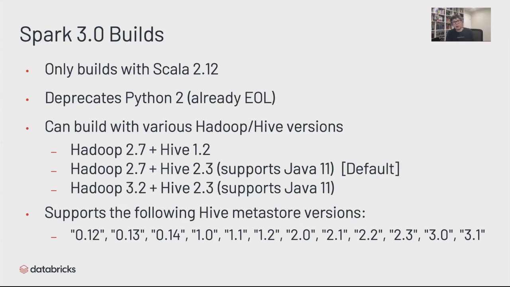By default, it will be Hadoop 2.7 with the Hive 2.3 execution jars. We also extend the support for different Hive metastore versions from 0.12 to 3.1. You can always plug in your own external Hive metastore for these versions.